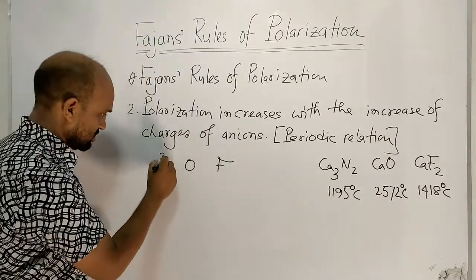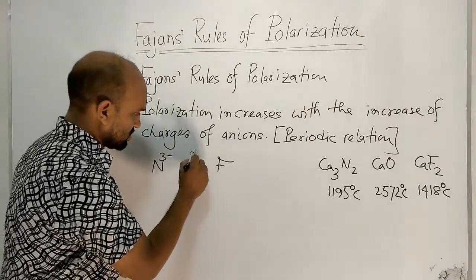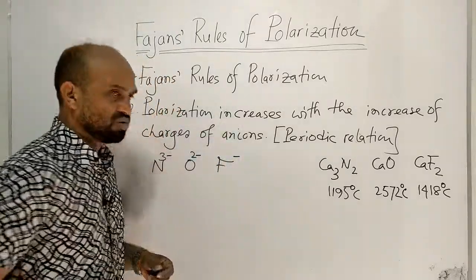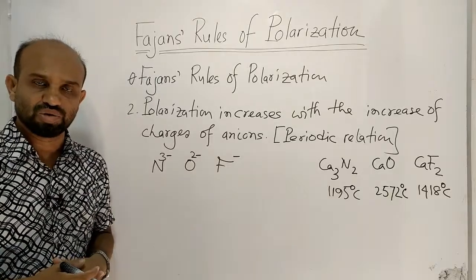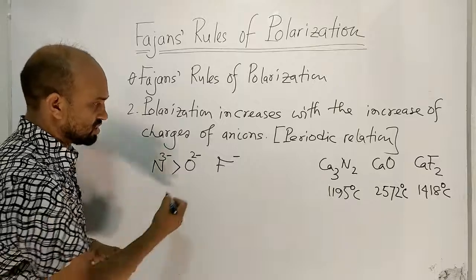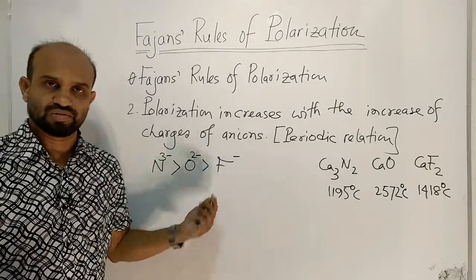Nitrogen forms a tri-negative ion, oxygen forms a di-negative ion, and fluorine forms a uni-negative ion. So according to rule number 2, polarization increases from fluoride to oxide and then nitride.